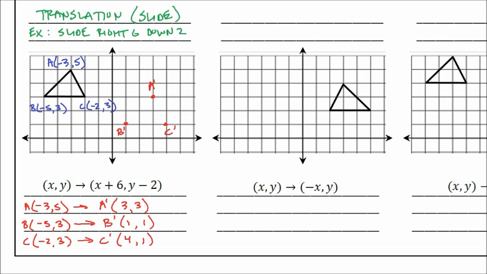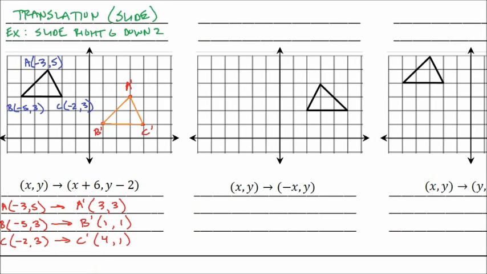And now let's go ahead and connect those sides together. There's our side 1, side 2. When you sketch the triangle, it doesn't need to be perfect, but you should be trying to be accurate. And there is our translation. Right 6 and down 2, and we used transformation notation to actually get us to our new points.